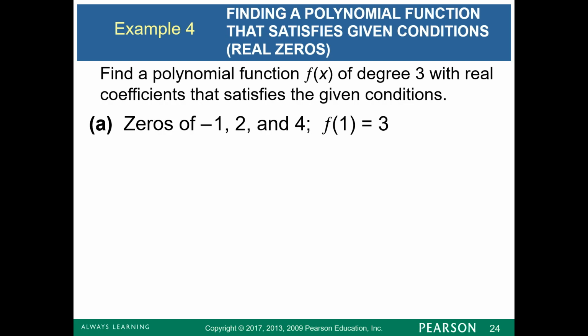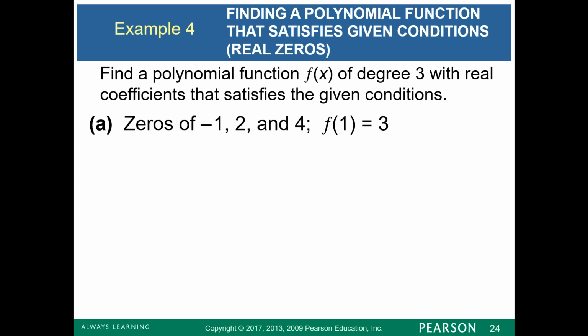So, hey, look here guys. You have to find a polynomial function of degree 3. And what are the zeros? -1, positive 2, and positive 4.